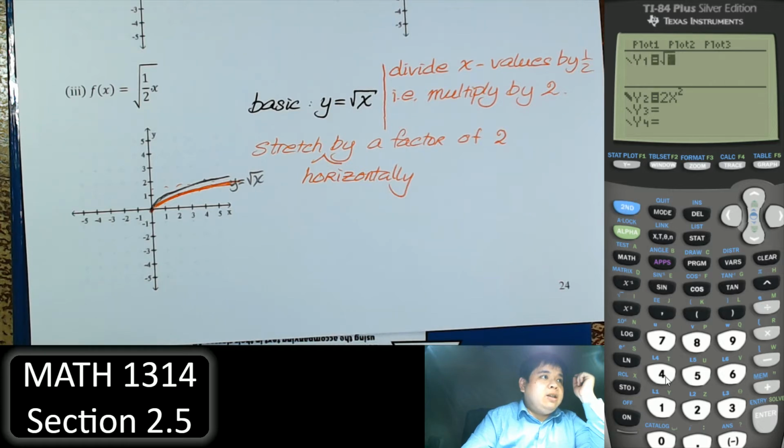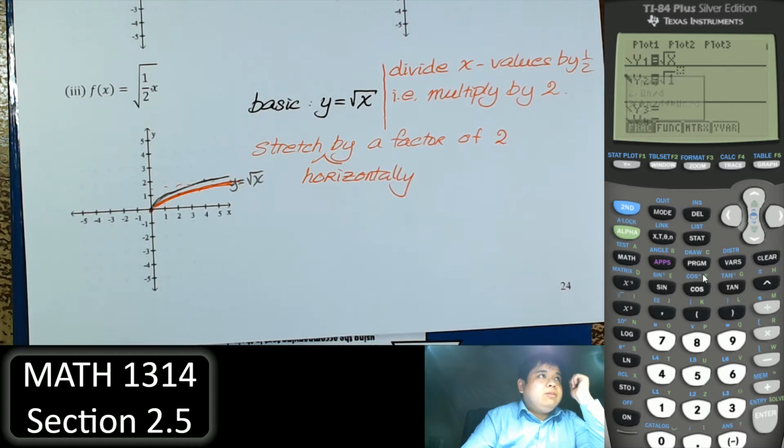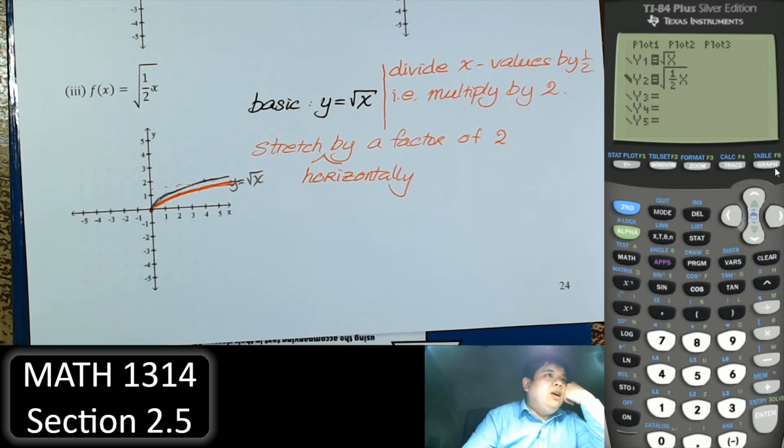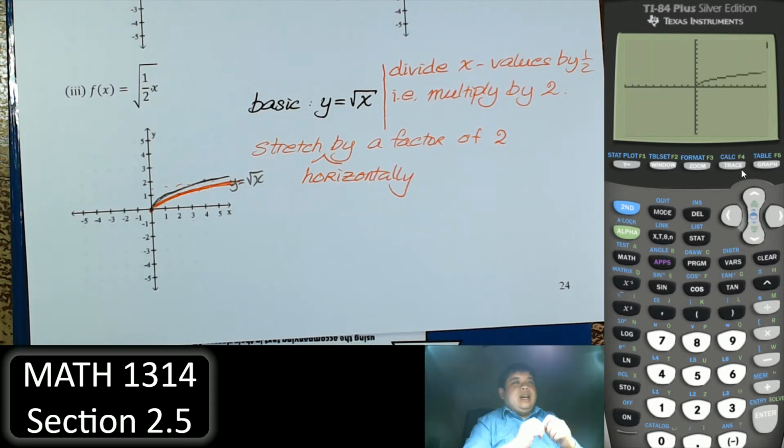Square root of x, and then square root of 1/2 x. There. So we have square root of x, and then we stretch it horizontally.